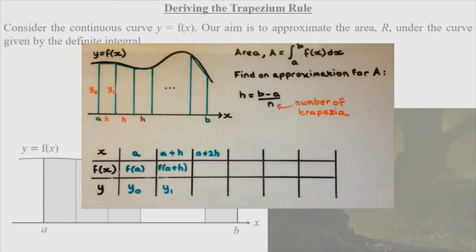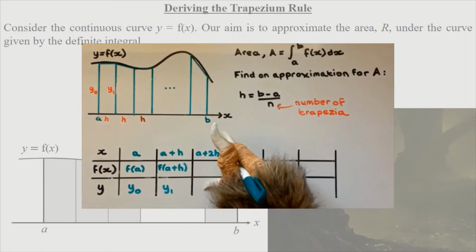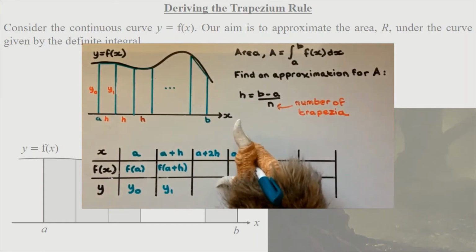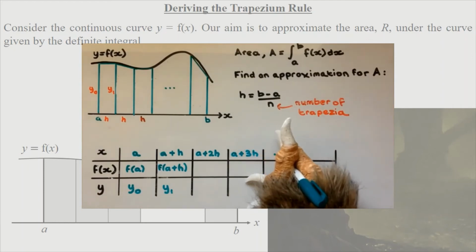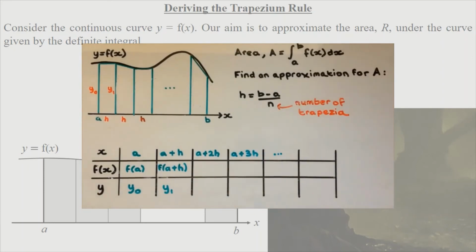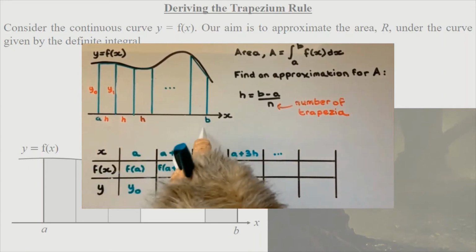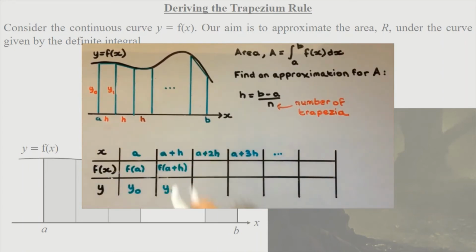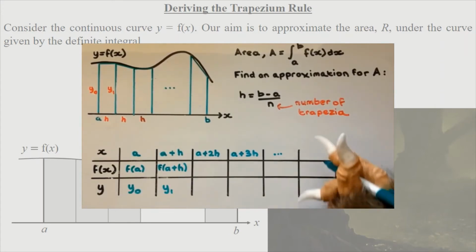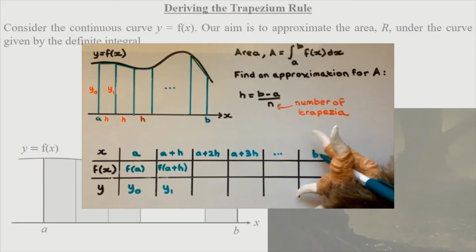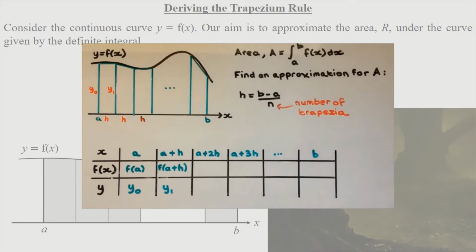Okay, and now we've established the pattern, we're going to have A plus 3h here, and then dot, dot, dot. And then our final x value is clearly going to be our upper limit. So we're just going to put B for our final x value. There we go. Well, you could have said A plus nh if you wanted to. Now, consequently, I'll just fill in the rest.